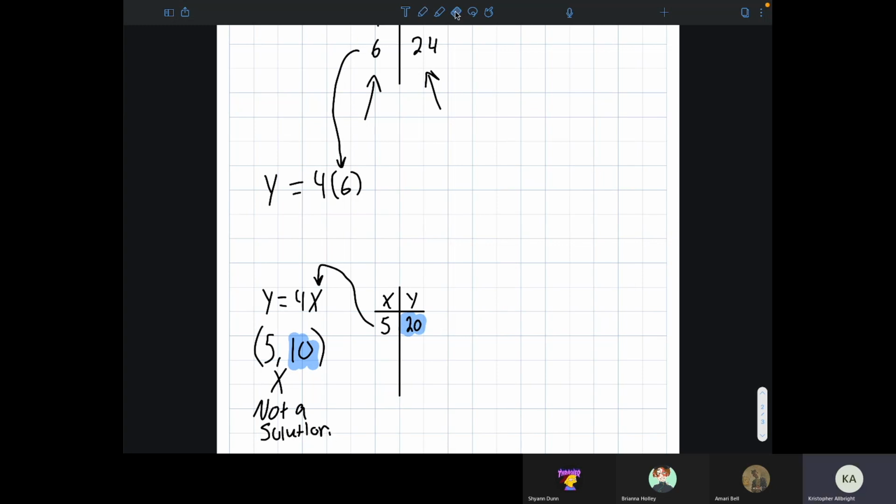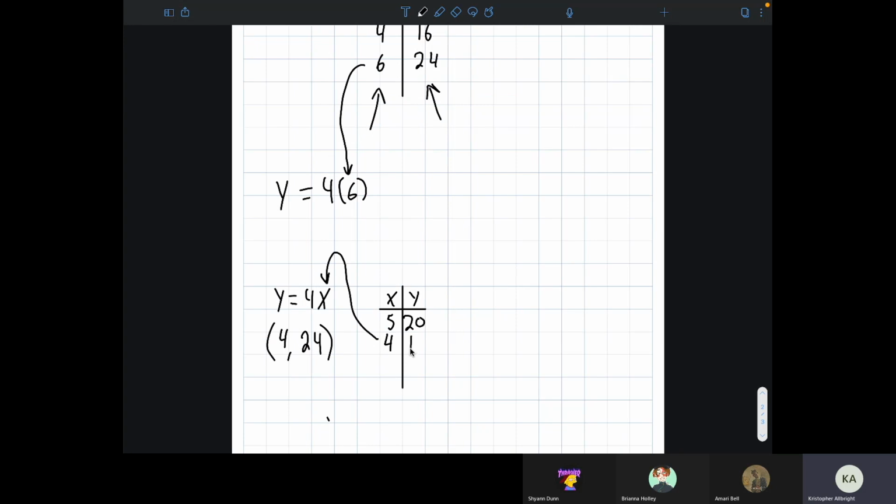So maybe it gives you 4 and 24. So we can plug in 5 and 24. And it asks us to find what is our second value. So we plug in and we're going to get 16.